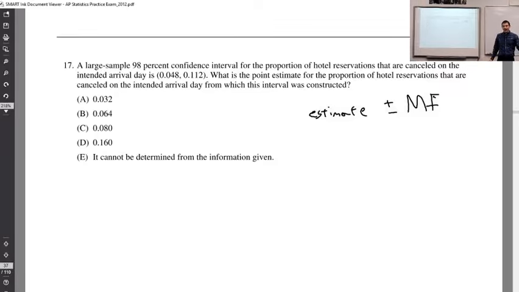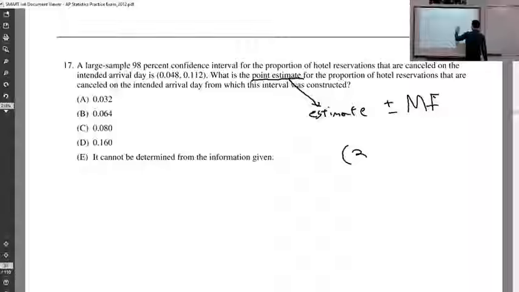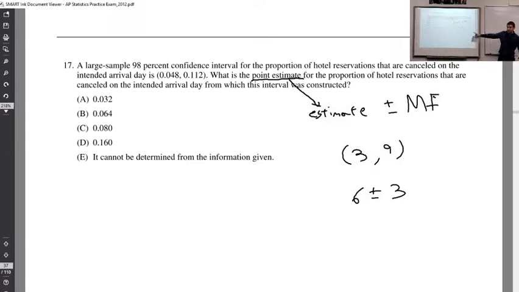So the thing after the plus or minus is called a margin of error. The thing before the plus or minus is the point estimate. So if I write the confidence interval from 3 to 9, for example, I could rewrite that as 6 plus or minus 3. So in that case, 3 is my margin of error, and 6 is my point estimate.